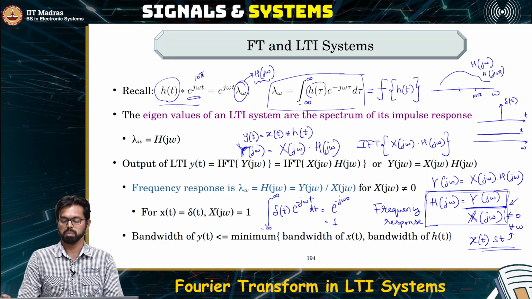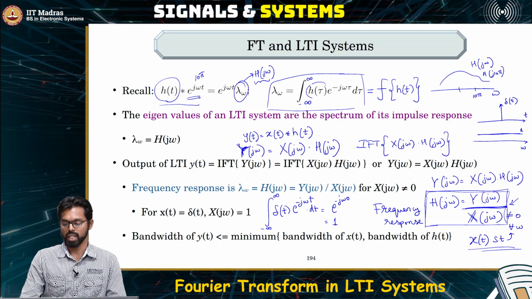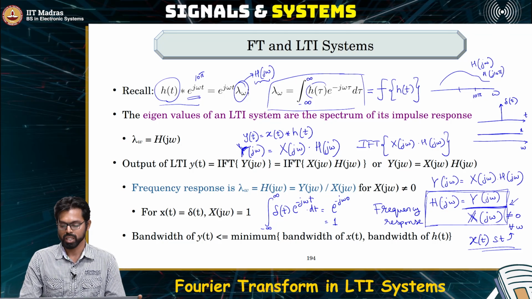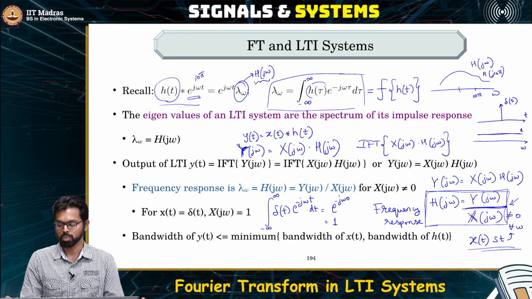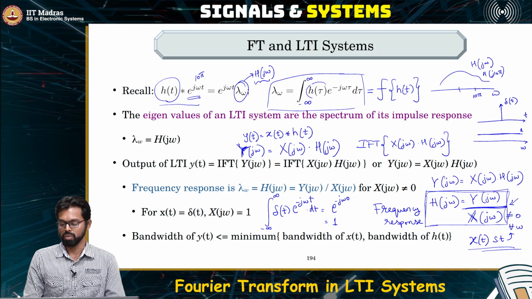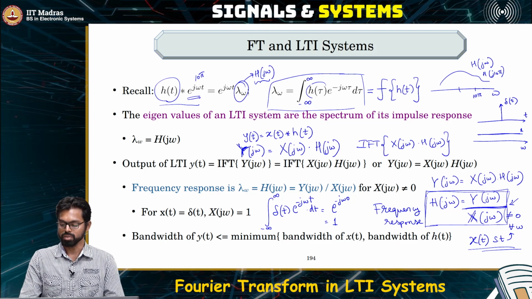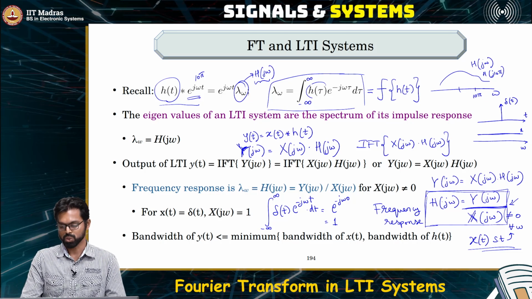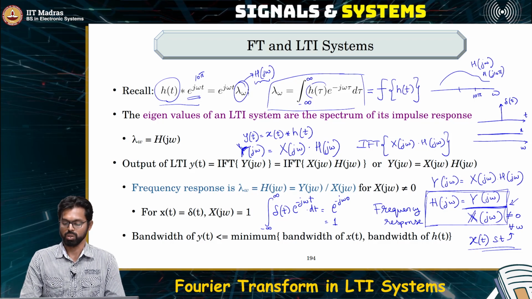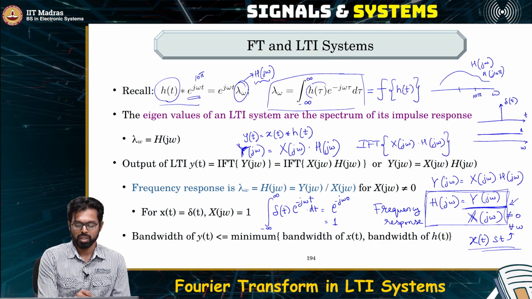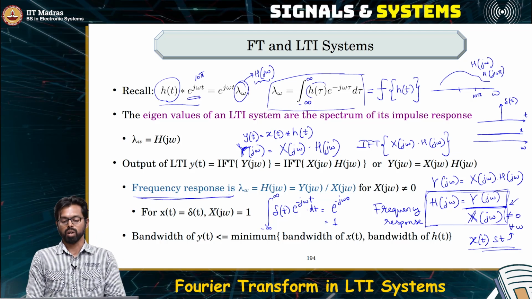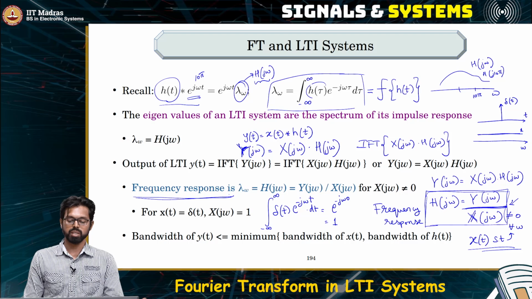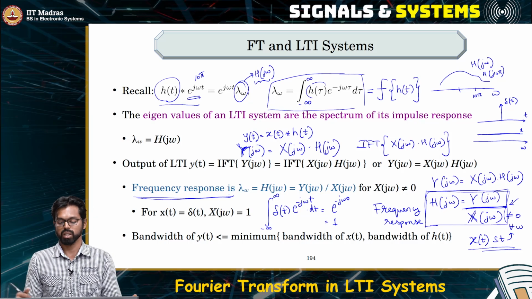So, this simplifies the analysis of LTI systems. You don't have to worry about generating an impulse, computing an impulse and all those things. You can just use this property where the frequency response is a ratio of the Fourier transform of the output to the Fourier transform of the input. And keep that in mind, the frequency response is defined only for an LTI system. For any system, you can say what is the impulse response by feeding in an impulse and seeing what the output is.